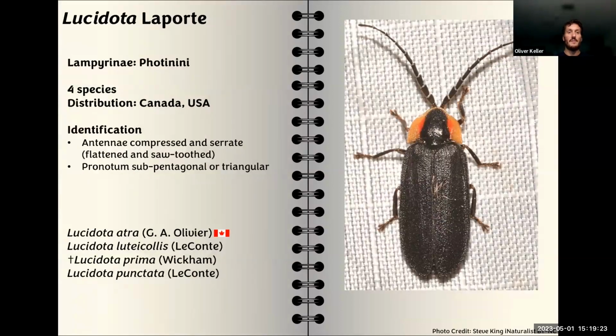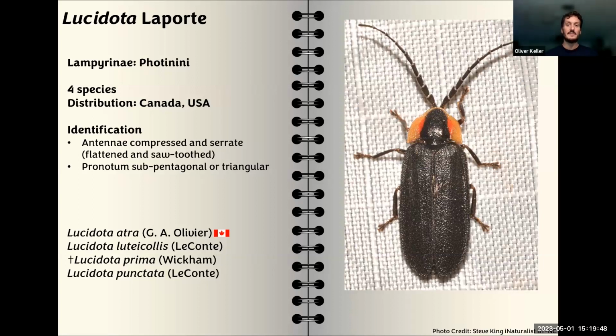Now we get into a little bit about the bigger genera and the ones you are probably more likely to find. The genus Lucidota. There are 4 species known from the US, and hundreds of species in the New World. It's kind of like what we call the garbage bin of species.